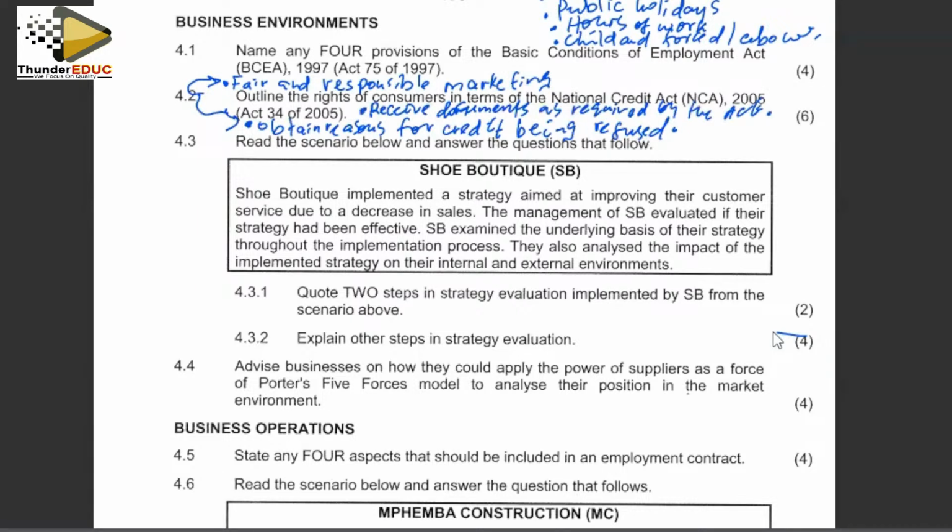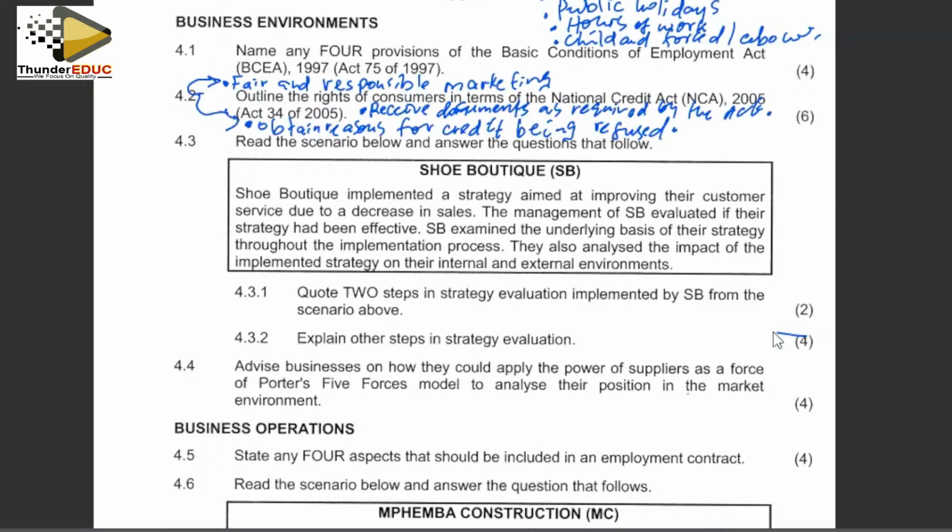Okay, right, grade 12. You're saying that fair and responsible marketing should actually be done. Also receive documents as required by the Act. And also we are saying that obtain reasons for credit being refused. Okay, right, grade 12. So now let's move on to 4.3.